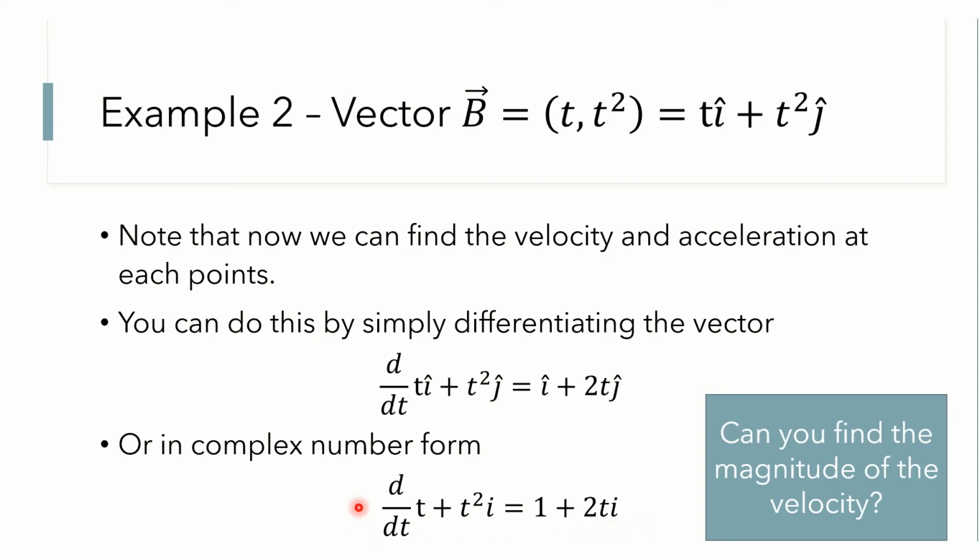First, we are going to look at the magnitude of the velocity of the vector, and from the velocity of the vector, you should be able to obtain the magnitude of the velocity. And from the velocity itself, you can also determine the acceleration. So if you want to get the acceleration of this vector, you just have to again take the derivative with respect to time once more, and you will get the acceleration equal to 2t. So let's go to the plot now.